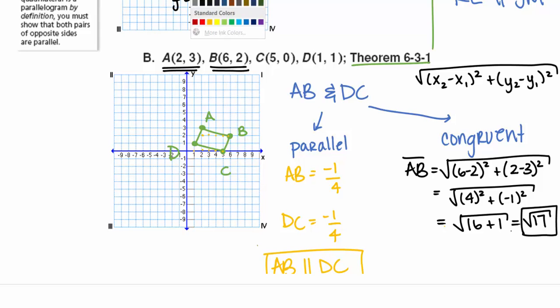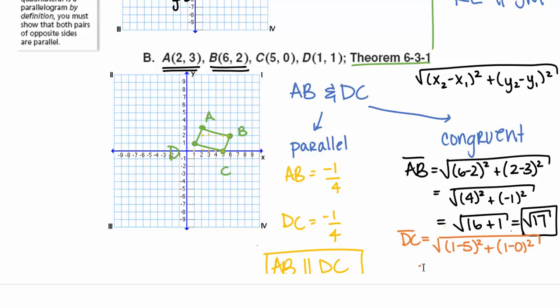And now we got to do the same thing with the other distance, the DC. So again, take your x values, now they're these points, and subtract them. So we're going to do 1 minus 5 all squared. Then we're going to add that to our y values, which is 1 minus 0 all squared. So we get negative 4 squared plus 1 squared, which gives us the same thing.